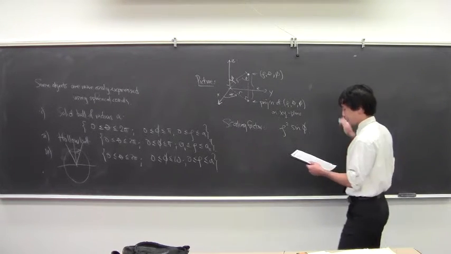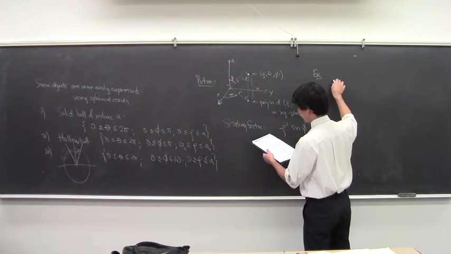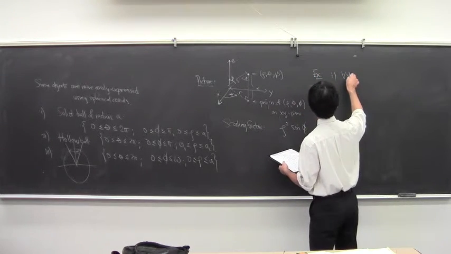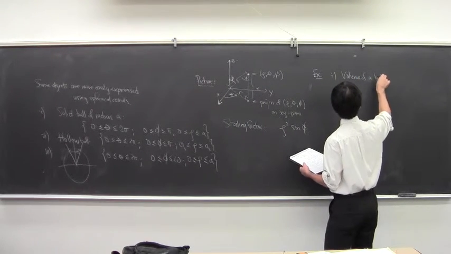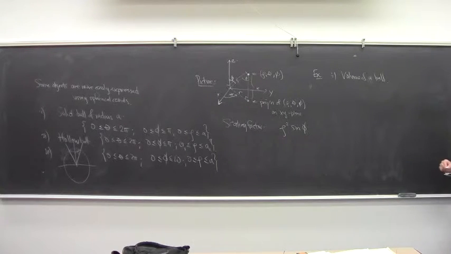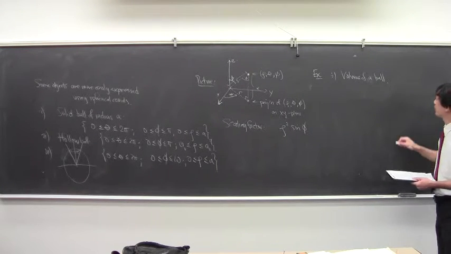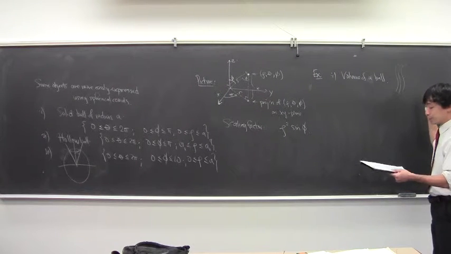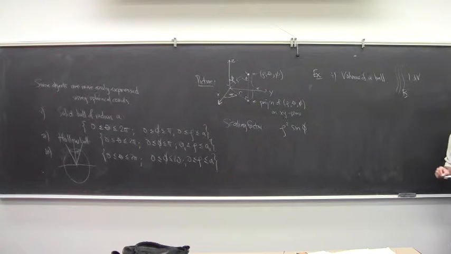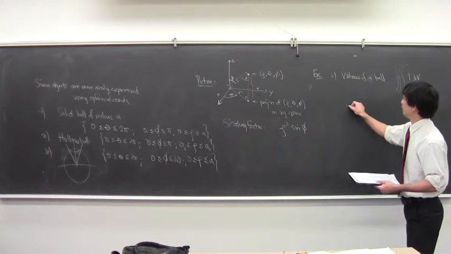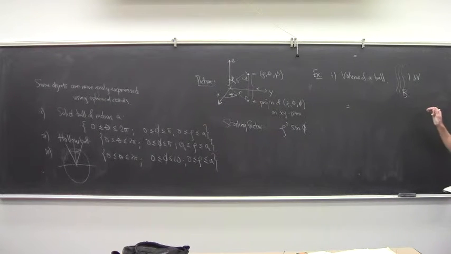So for example, we can do things like calculate the volume of a ball. The volume of the ball is a triple integral. You're integrating 1 dV over the ball. But instead of trying to do it with Cartesian coordinates, we'll just do it with spherical coordinates.